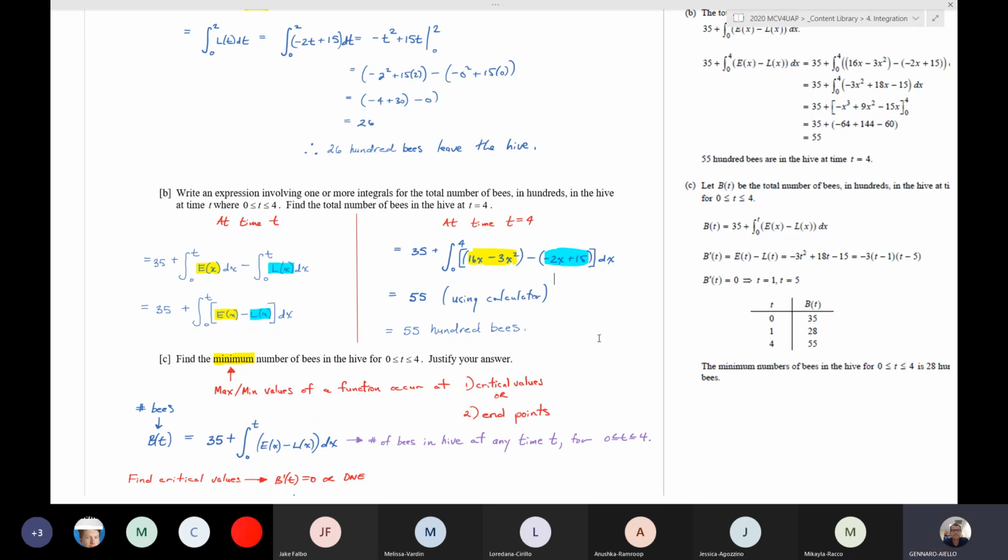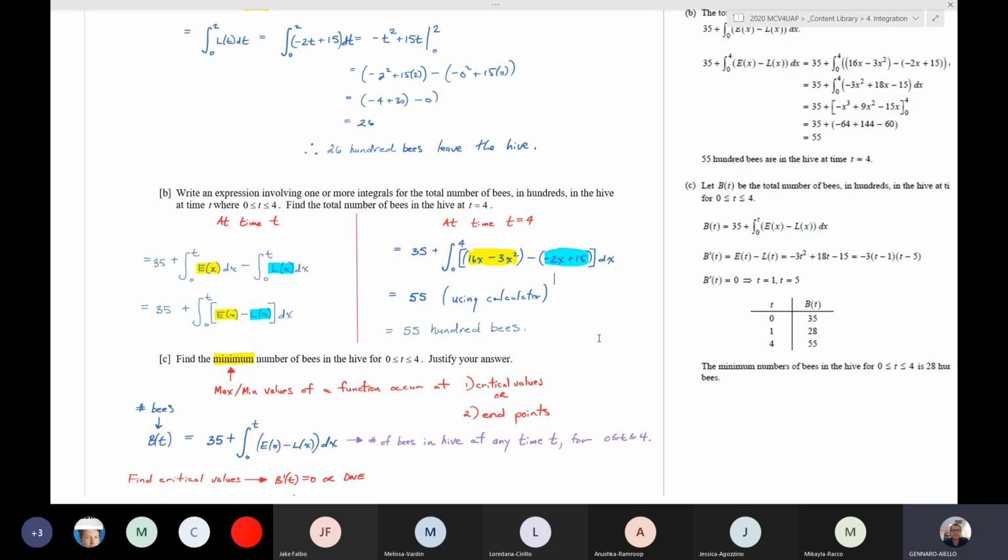For any function, and we've got a function in part B, the first part of part B, we wrote a function that describes the total number of bees in the hive at time t. That function, 35 plus the integral from 0 to t of E of x minus L of x dx, is a function representing the total number of bees in the hive at any time between 0 and 4. We need to find the absolute minimum value of that function.